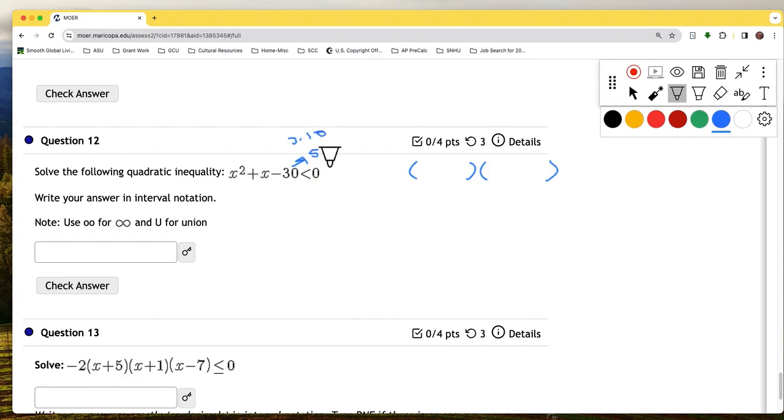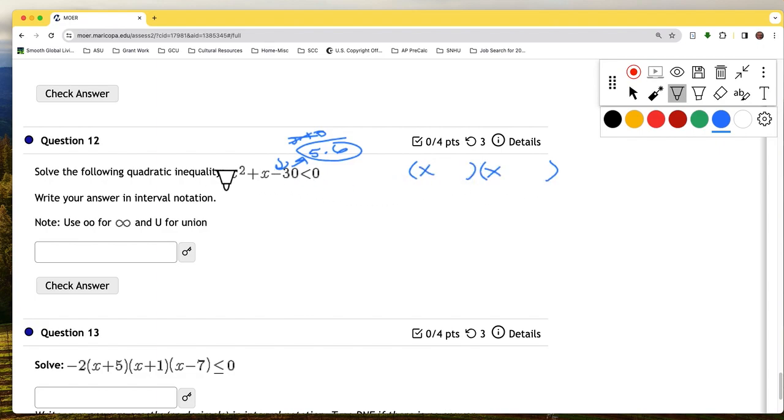There's also 5 times 6. Since there's a negative in front, that means we're going to subtract the two numbers. And when we subtract those two numbers, we need to get a positive 1. Well, 5 minus 6 is 1, so we'll go with this one. 3 minus 10 is 7, so that's not what we have in the middle, so we wouldn't use that one or the other ones.